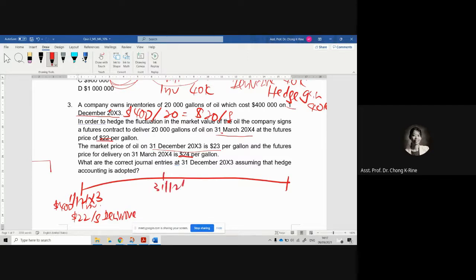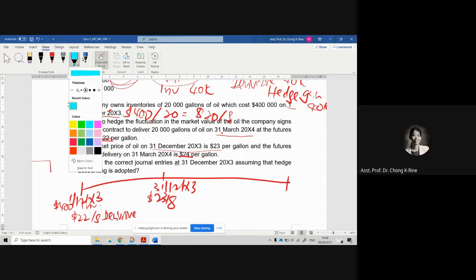Please bear with me. 31st of December X3 is the point where we stop to find out our journal entries, the movement during the month of December. The inventory increases from $20 per gallon to $23 per gallon. How do we know? It is over here.